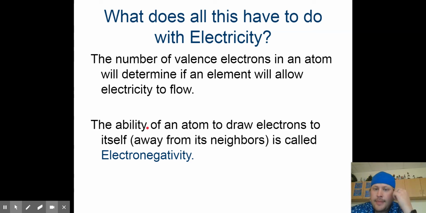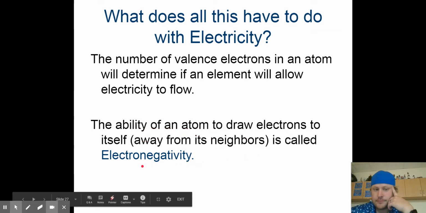That's everything we're leading to. The ability of an atom to draw electrons to itself or away from its neighbor is called electronegativity.